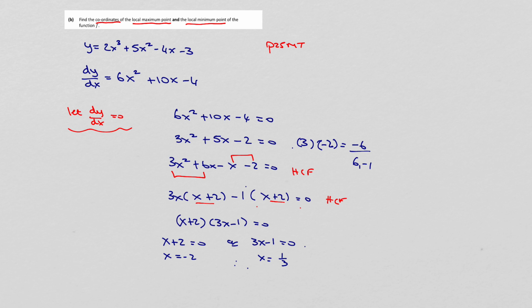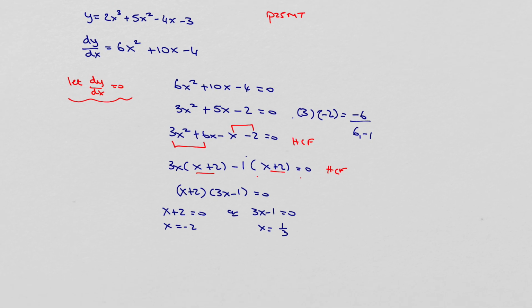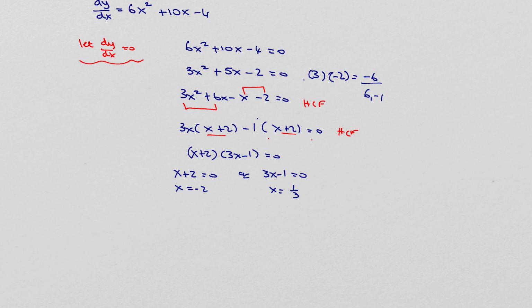So now we have two values for x, and we need to find the corresponding y values, and of course test which is the max and which is the min. So we're going to test which is the max and min first, and then we'll find the corresponding y values. So we'll do our second derivative test.